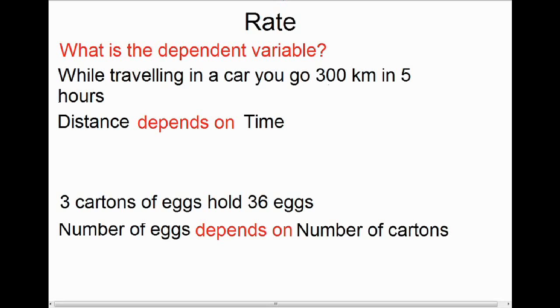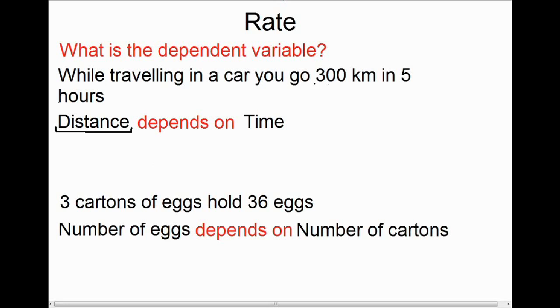If we're going to look at this in terms of rate, we're going to solve this using a ratio. And in a ratio, the dependent variable always comes first. So the first part of our sentence, whatever depends on the other, goes first. For the first example, distance is the dependent variable because distance depends on time.